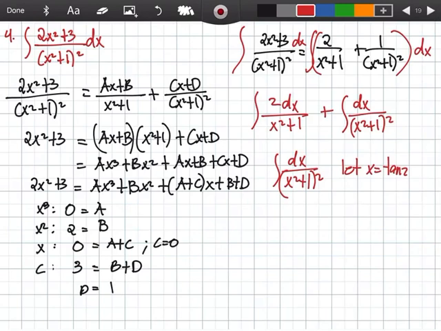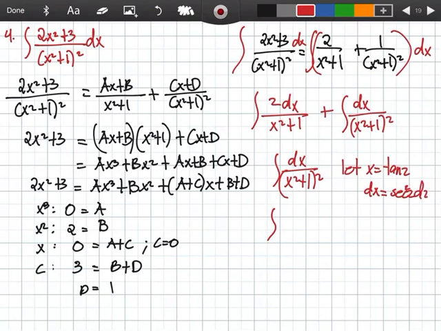Then the dx of tan z is secant z squared dz.